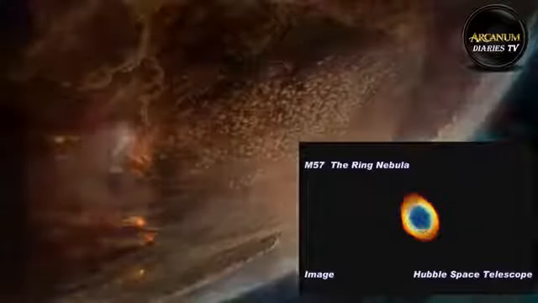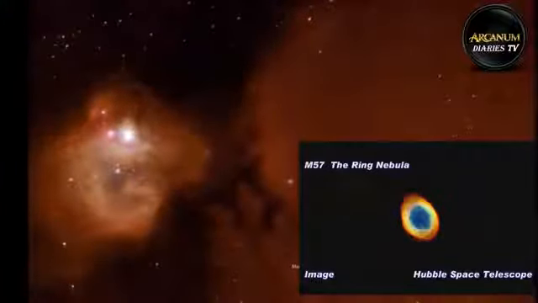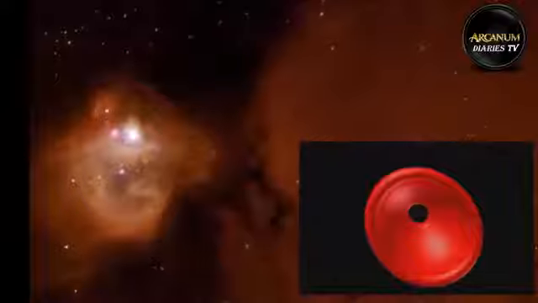Then as we observe the Ring Nebula, we also see that it too is actually formed by a bowl-shaped magnetic field.